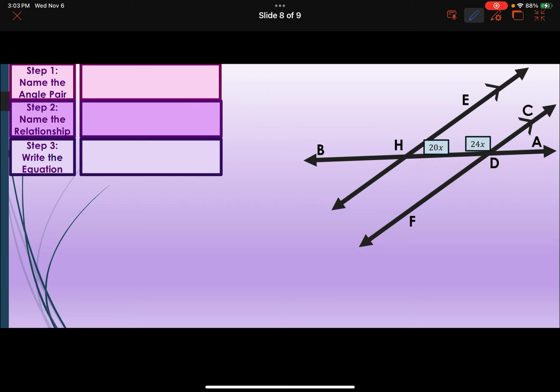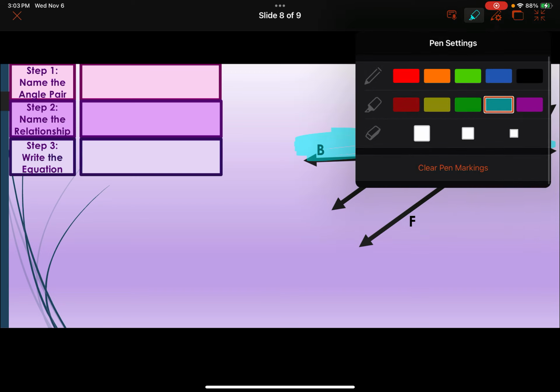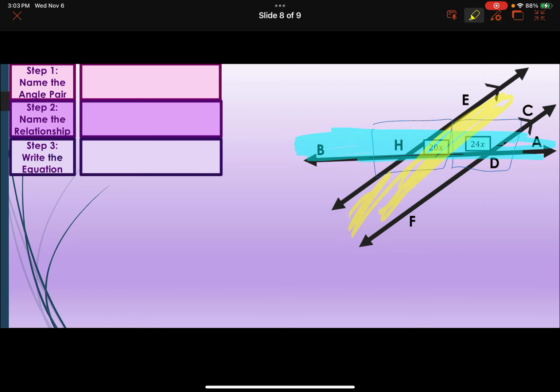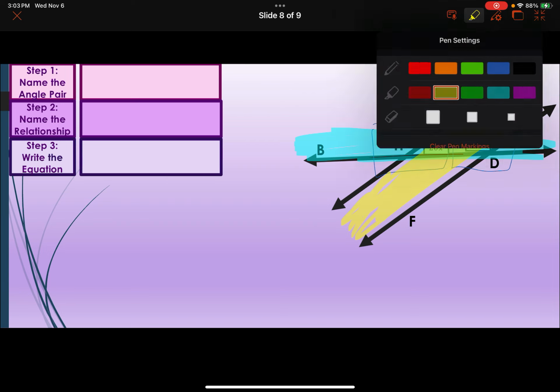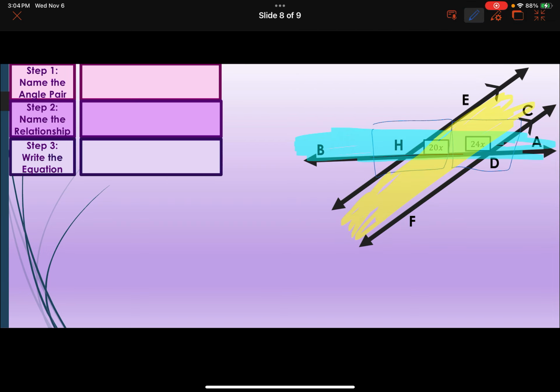If we take a look, we can see those are at two separate intersections. When we highlight one side of the transversal, we can see they're both on the same side of that transversal. Then we check the interior. Are they interior, exterior, or both? We can see they're both interior angles. So that means they are same side interior.